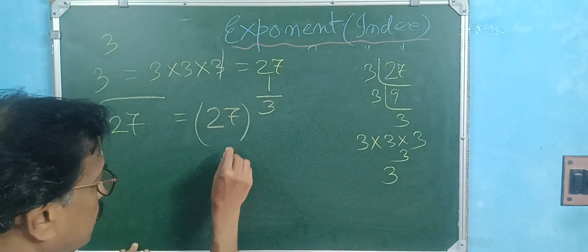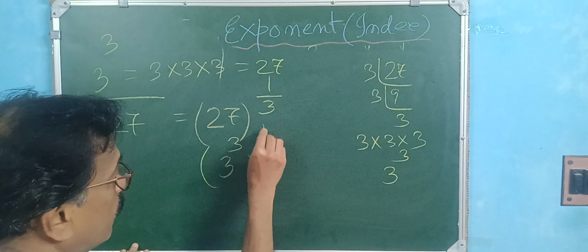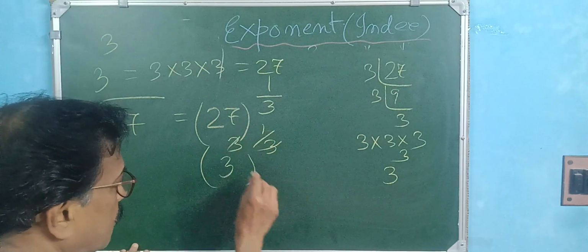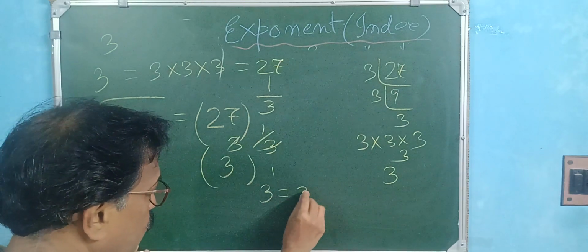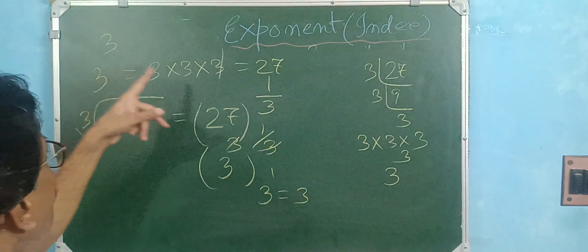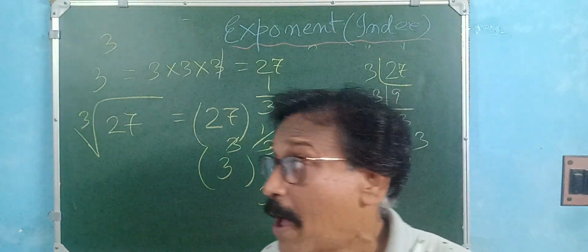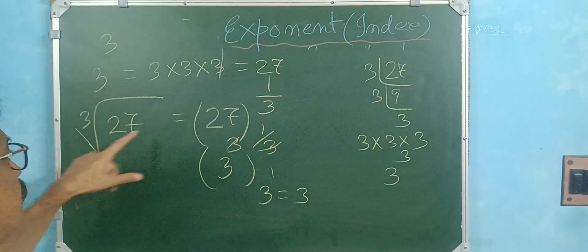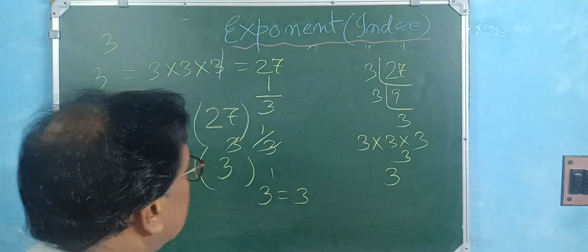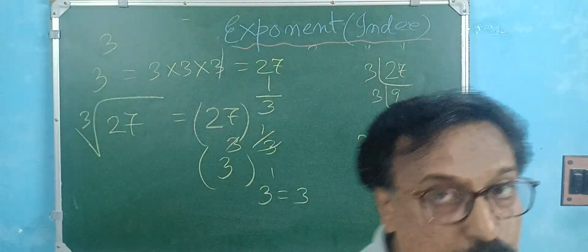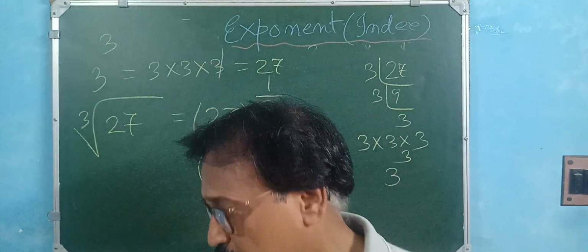So here you write 3 cube to the power 1 by 3. To cancel this, so ultimately 3 to the power 1 is 3. So the cube of 3 is 27 and the cube root of 27 is equal to 3. This is the interconversion between the square root, cube root and the exponential form, power or index.